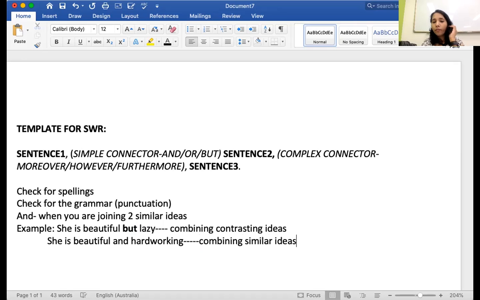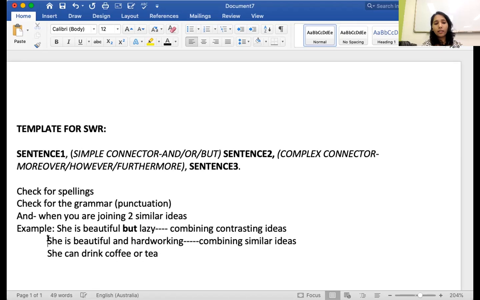Okay, then when I use or, I'm giving more than one option. So I would say she can choose between, or she can drink coffee or tea. So I'm giving a choice, and there's more than one option.